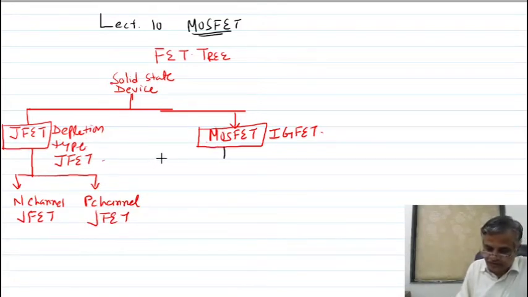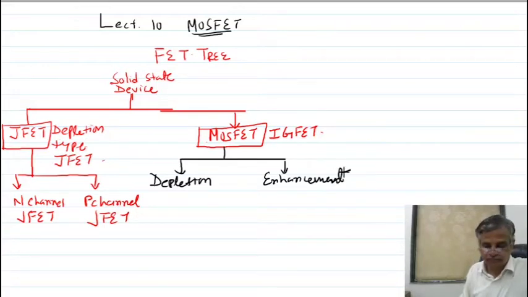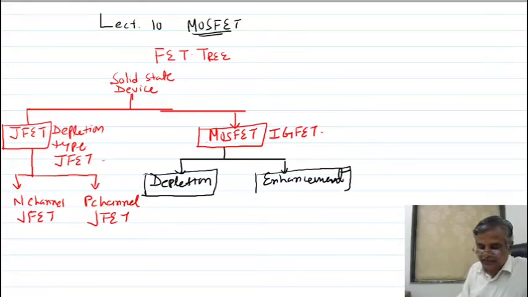It has two categories. One category is depletion type MOSFET, second is enhancement type MOSFET.